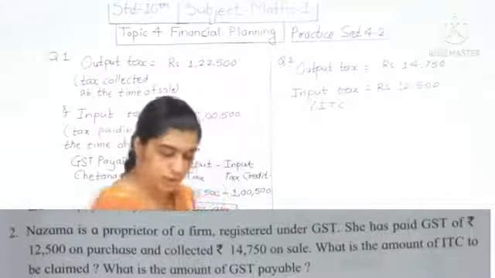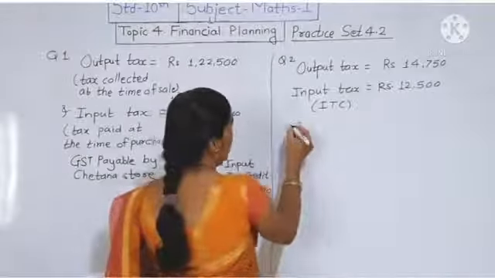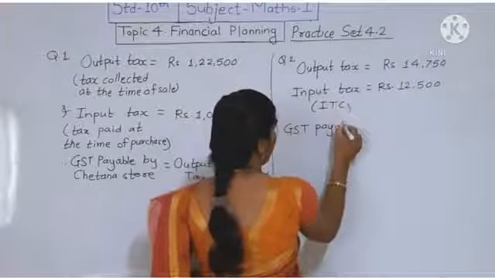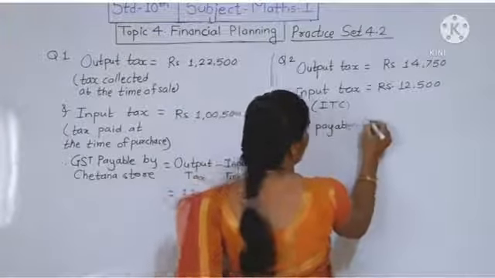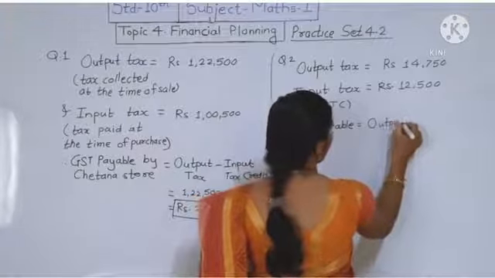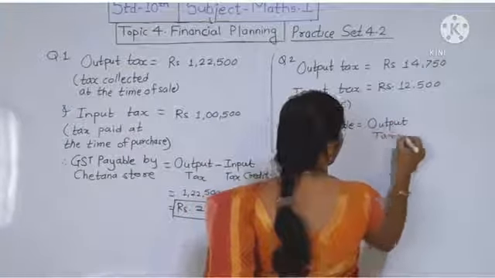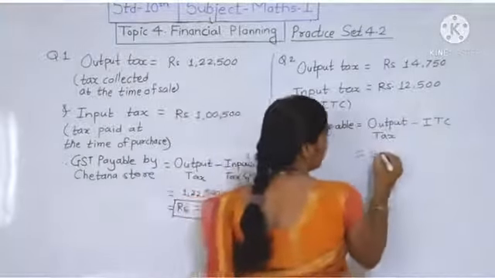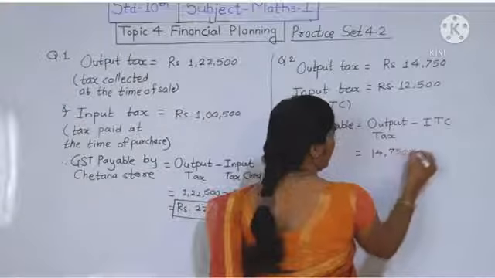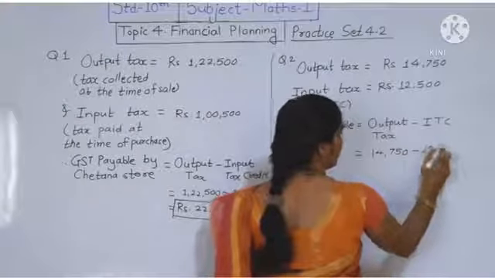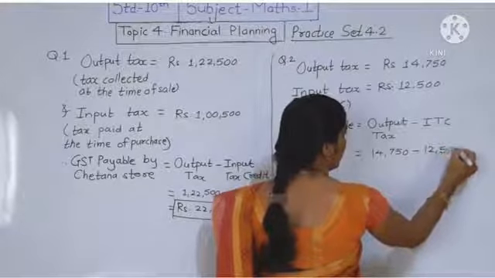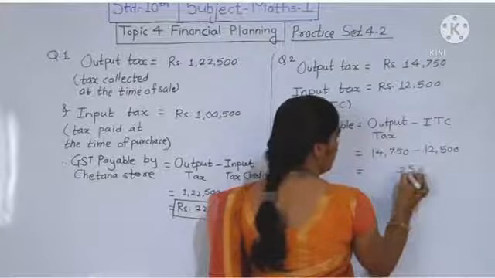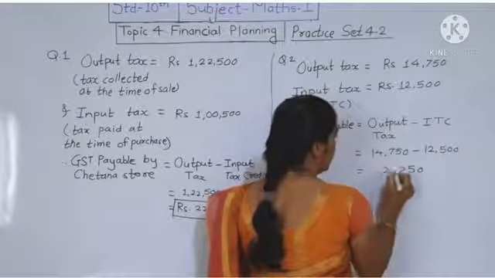So here we calculate GST payable. GST payable is equal to output tax minus input tax credit. That is, output tax is 14,750 minus input tax is 12,500. So the answer is 2,250.